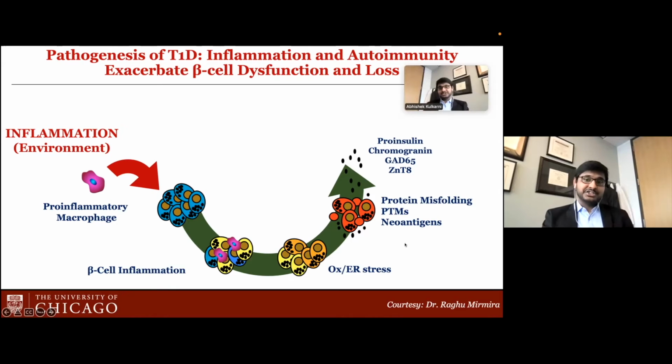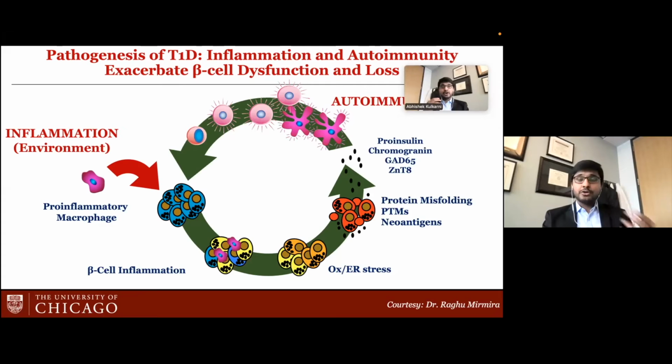When these neoantigens are released from these beta cells, it activates the autoimmune response, leading to destruction of the pancreatic beta cells, ultimately leading to hyperglycemia. So our lab is interested in identifying and studying these pathways that contribute to inflammation in type 1 diabetes pathogenesis.